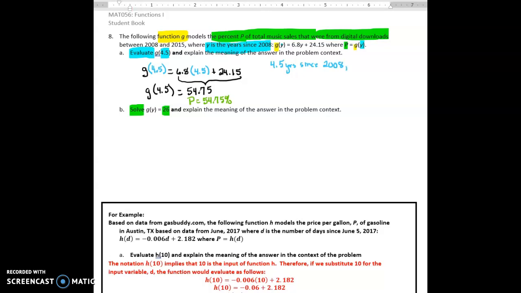And now the output part: 54.75% of total sales were from digital downloads.